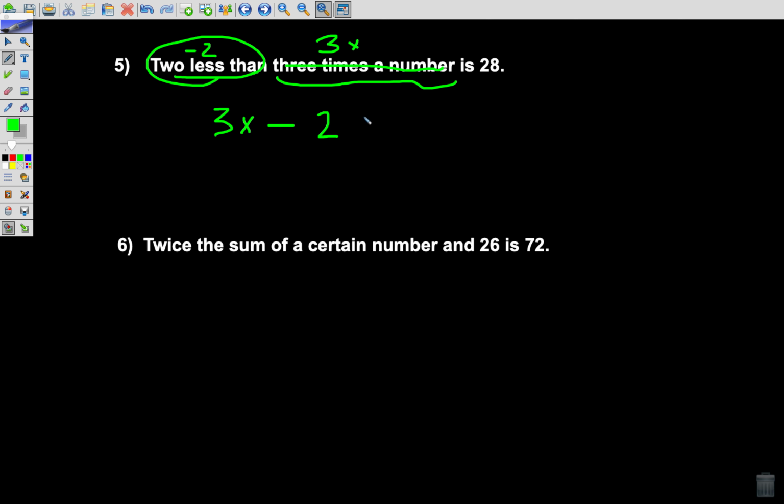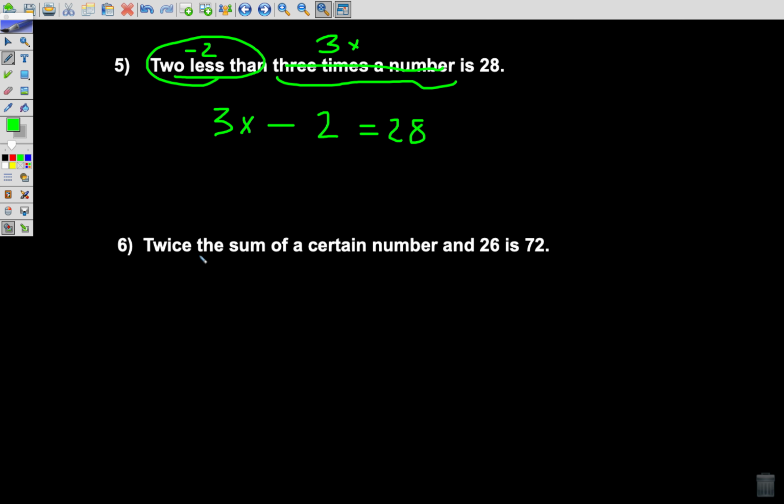So 3x minus 2 is 28. That's the difference between less 11 and 2 less than. Think of somebody who's 18, and somebody else is 3 years less than them. That means you're taking 18 minus 3, and that makes 15. That's how old the person would be if they're 3 years less than someone who's 18.